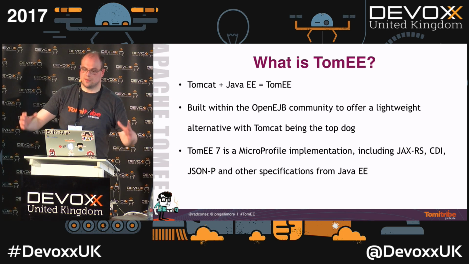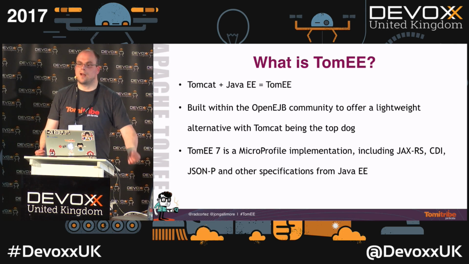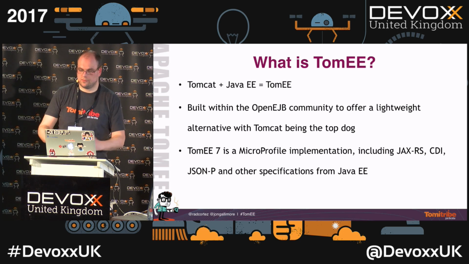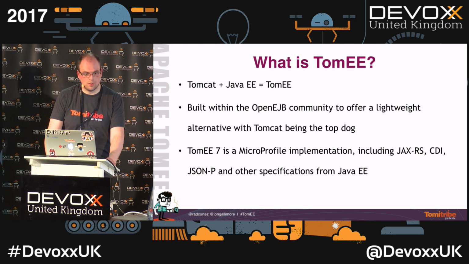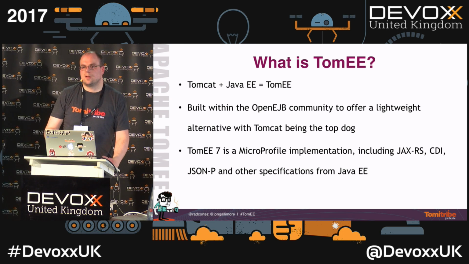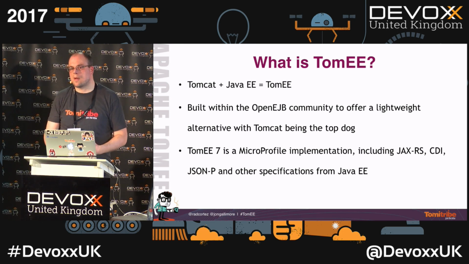We did the opposite and kept Tomcat as the core component of our server, and put OpenEJB, OpenWebBeans, OpenJPA, and all the various other components inside Tomcat, did the integration between all those components, and zipped it back up. So what we end up with is a server that is very true to its Tomcat origins. If you open it up, you can see it has the same conf, lib, and webapps directories as a regular Tomcat server. I take it a few people use Tomcat in the room. Okay, awesome.